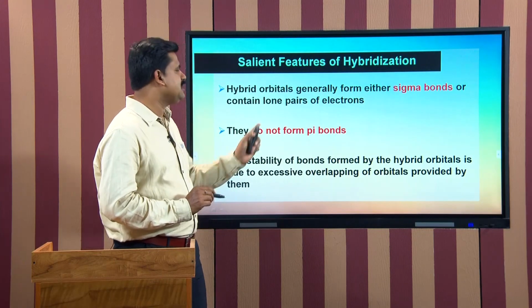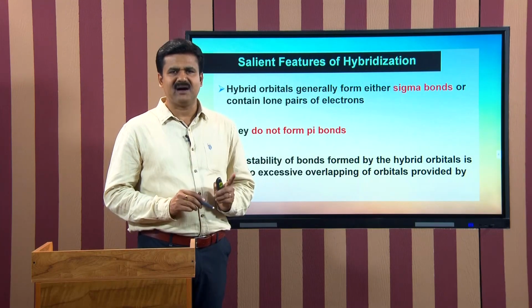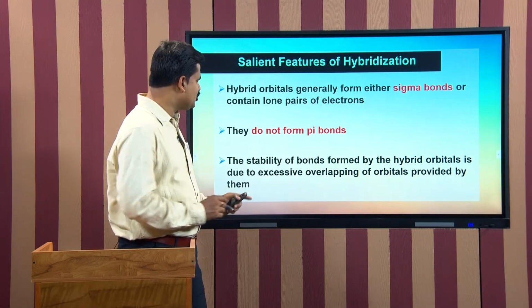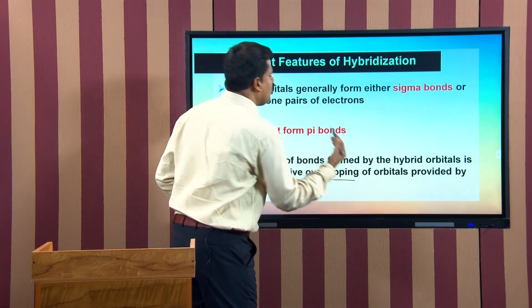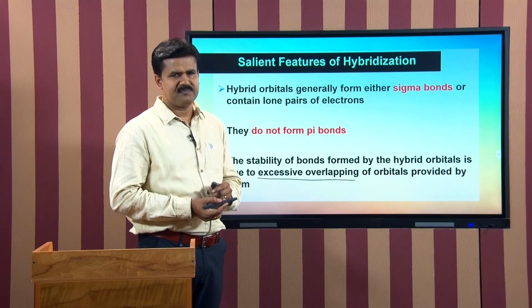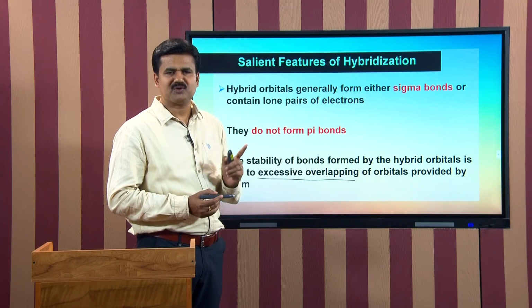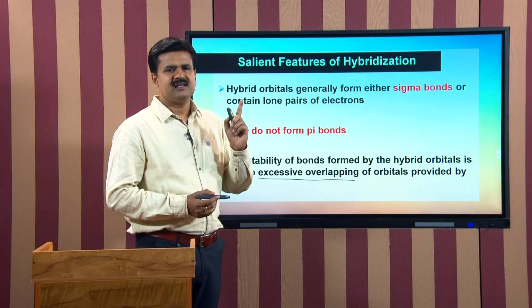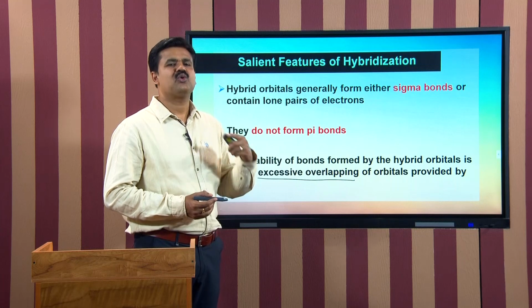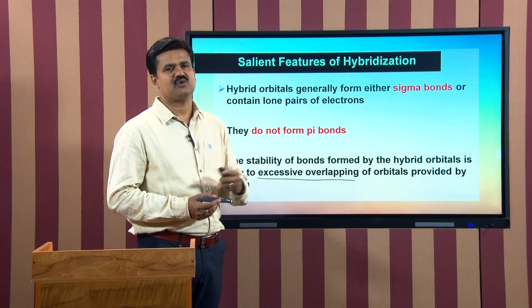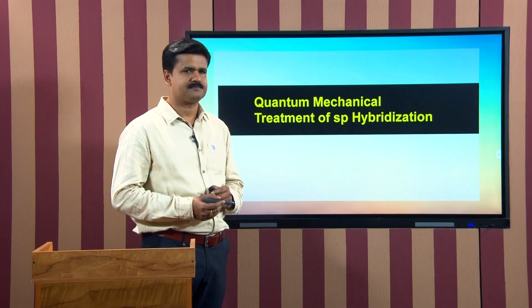The stability of bonds formed by hybrid orbitals is due to excessive overlapping of the orbitals provided by them. So, strength is proportional to overlapping. Hybrid orbitals impart very strong overlap, so the bond formed as a result of such overlap will be strong.